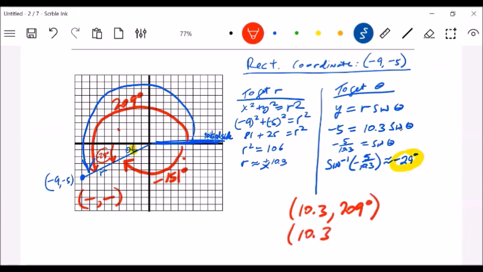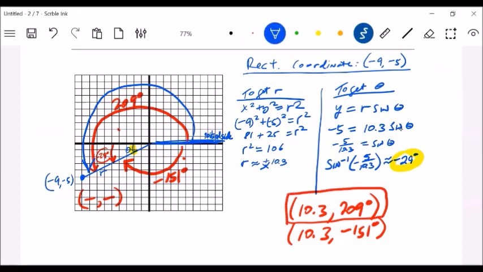This would also be acceptable as 10.3 or 10. You could round it down to 10 and -151 degrees. But the better answer is to use this one coming all the way from the initial side as normal. Okay. So either of those would identify this place, but don't use the -29.